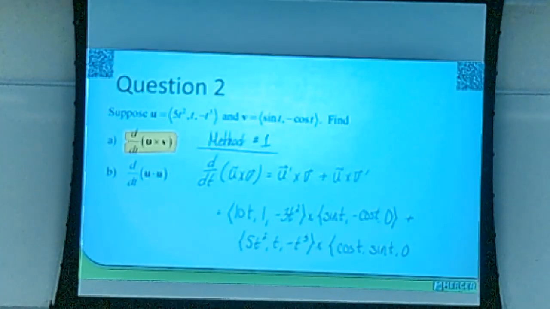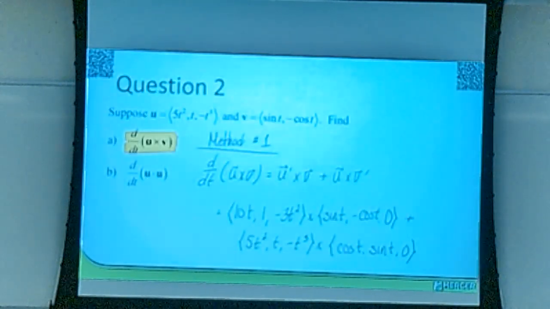And then we're just going to add a 0. Now we got to do each of those cross products. First component is 0 minus 3t squared cosine of t.